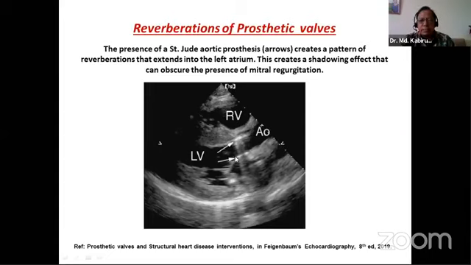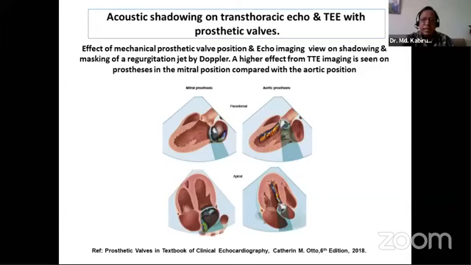You can see the placement of the mechanical valve gives some reverberation, and this hides the image of the left atrium, and that may hinder the detection of some mitral regurgitation. This diagram shows how the mitral valve and aortic valve cause reverberation and hinder 2D visualization of structures behind it.